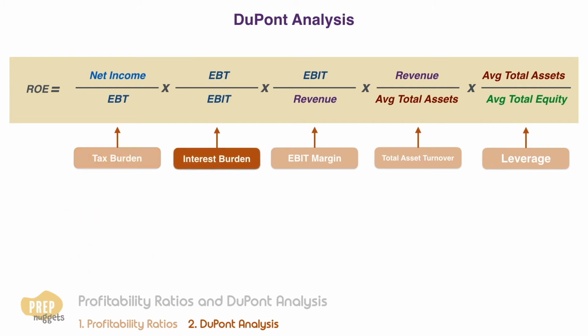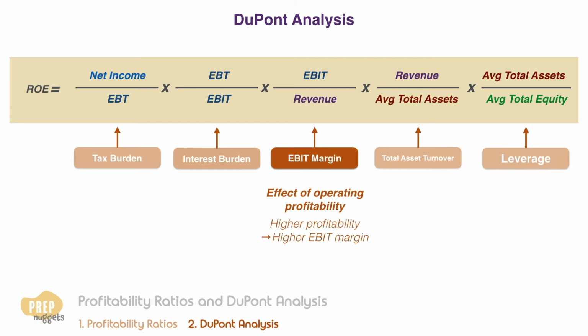The interest burden captures the effect of interest on ROE. Higher borrowing cost has the effect of lowering this ratio, thereby reducing the ROE. The EBIT margin measures the effect of operating profitability on the ROE. Firms which are more operationally profitable have a higher EBIT margin.